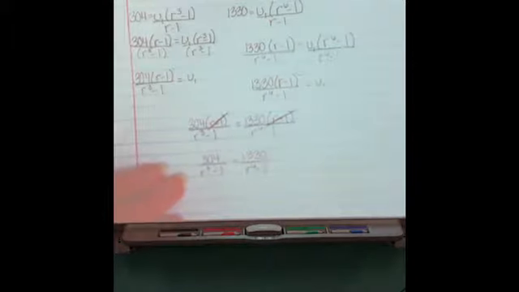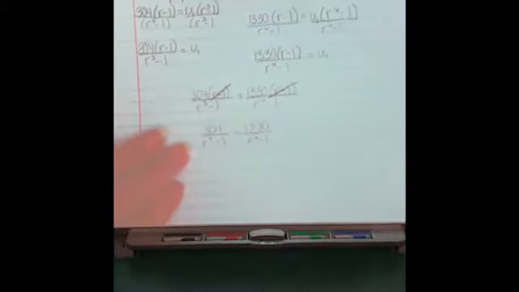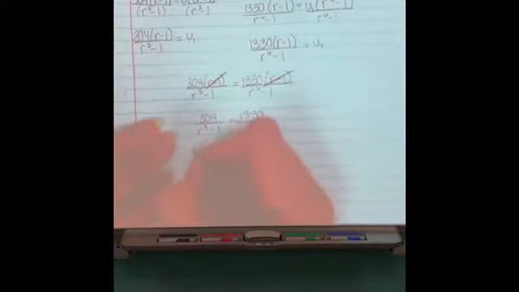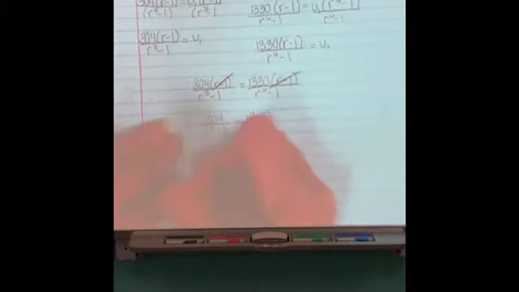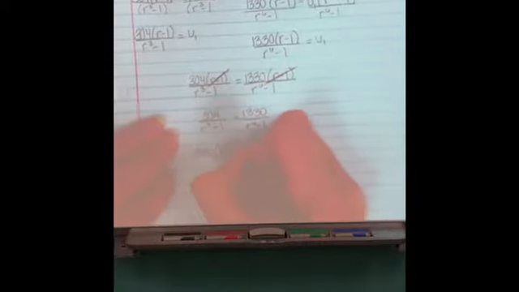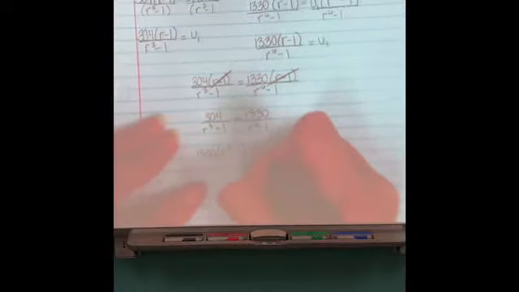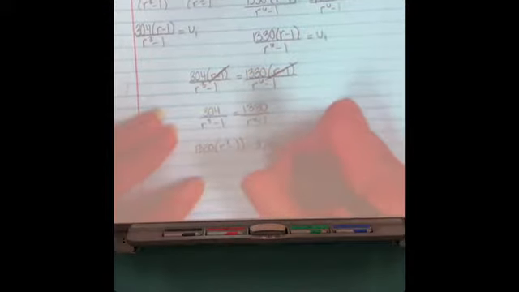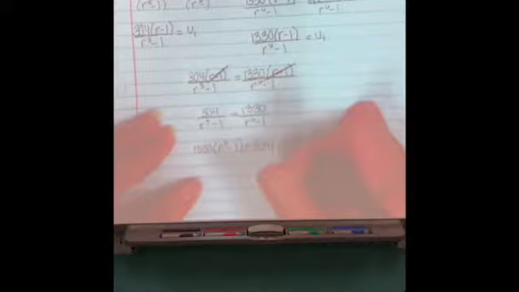And then we have a proportion, so we are just going to cross multiply. And that will give me 1,330 times the quantity r cubed minus 1 equals 304 times the quantity of r to the 6th power minus 1.